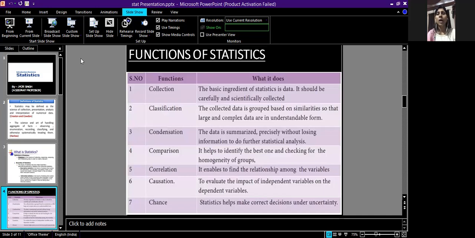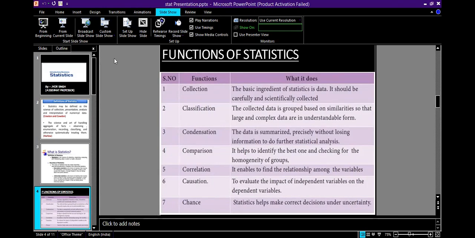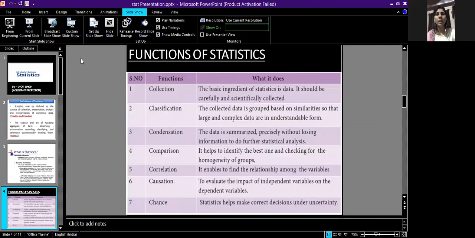After collecting the data, we start classifying the data. What does classification mean? We start categorizing the data, and this categorization is based on the similarity and dissimilarity between the data.